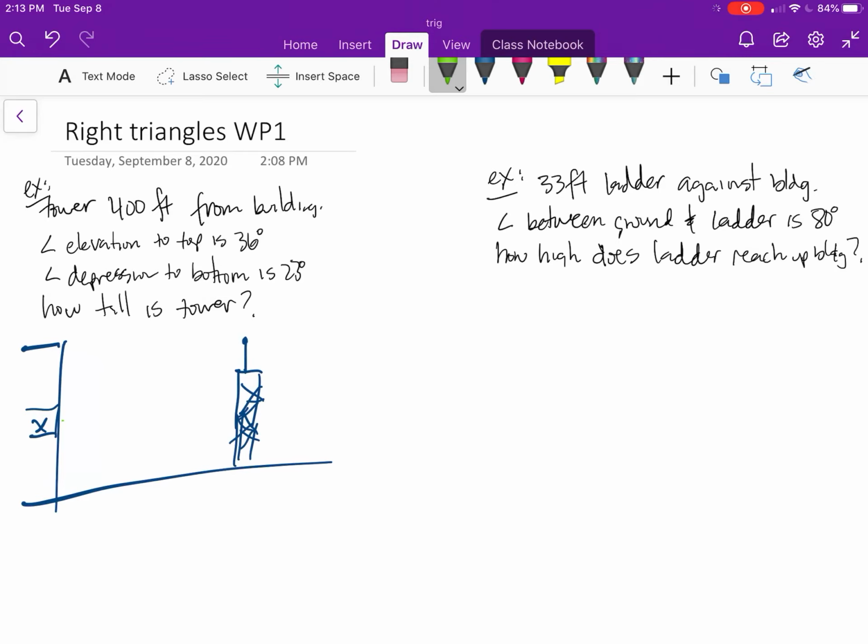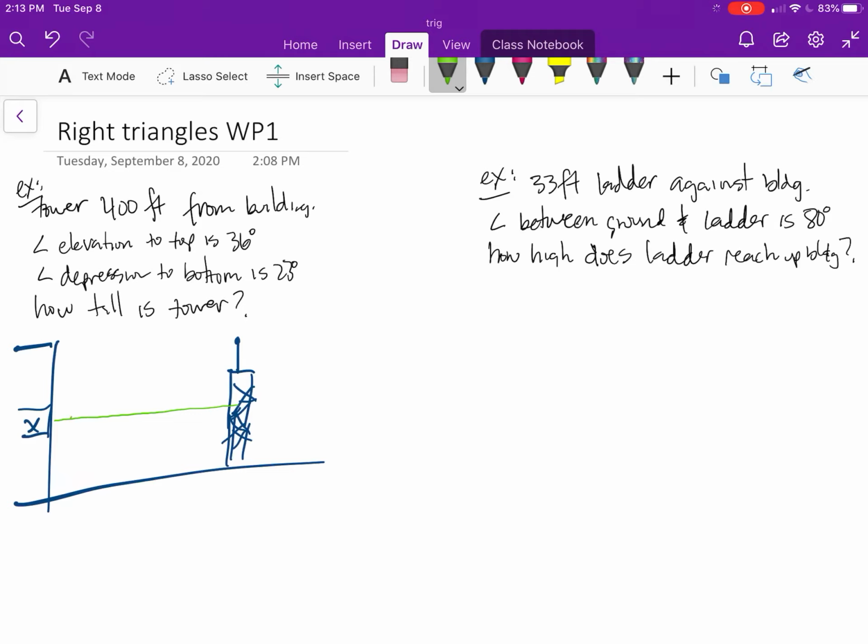Angle of elevation means if you were to draw a horizontal line, then that's the angle that goes up from the horizon. We call this line the horizon, and that angle that goes up is the angle of elevation, 36 degrees. And we know that this horizon was 400 feet because it was given. We're 400 feet from this tower.